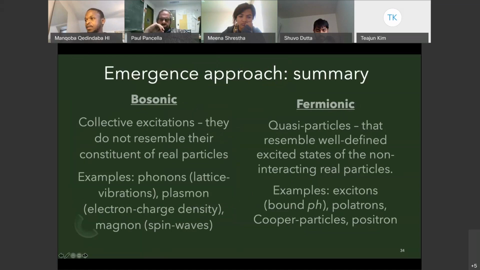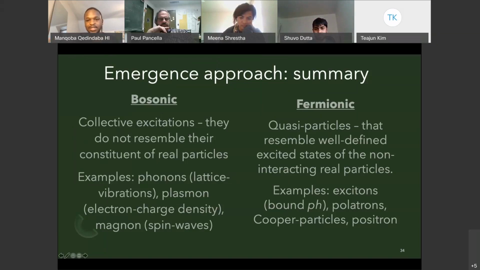We say that for bosonic systems, the excitations are called collective excitations. The reason is they do not resemble the real particles they are formed out of. The example there is phonons, which I told you, vibrations form sound. By the way, just Google how these things are formed. When you come to fermionic systems, what we have are called quasi-particles.